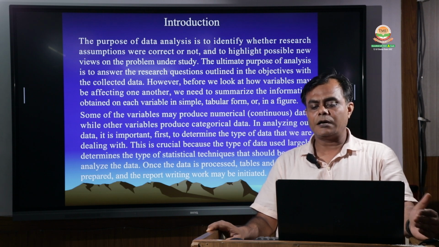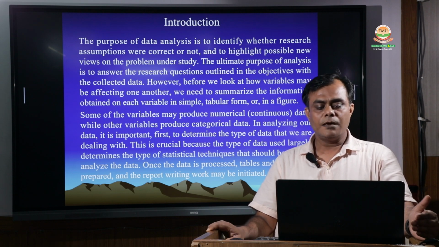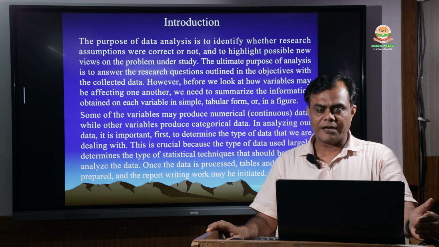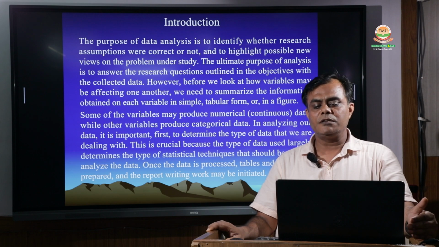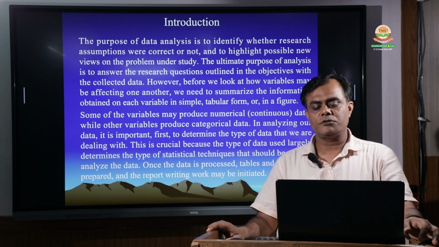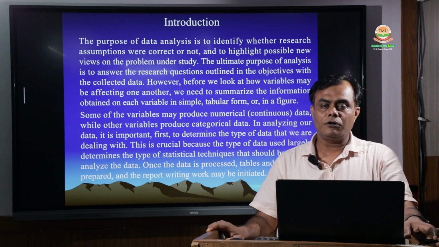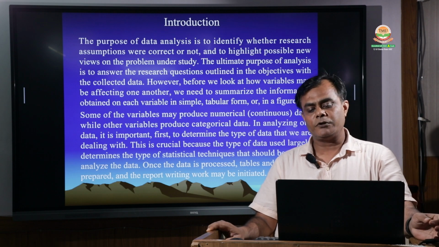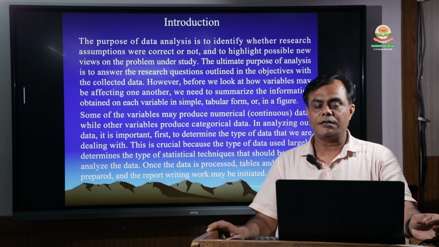Before we look at how variables may affect one another, we need to summarize the information obtained on each variable in simple tabular form or in a figure. Some variables may be produced as numerical or continuous data, while other variables may be produced as categorical data.